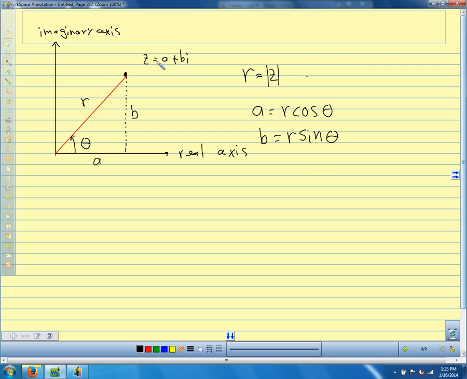So we could write this complex number as z equals R cosine theta plus i times R sine theta. And I can factor out that R is common to both of these. So z equals R times cosine theta plus i sine theta.